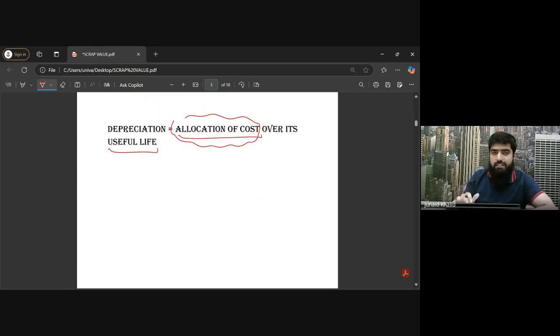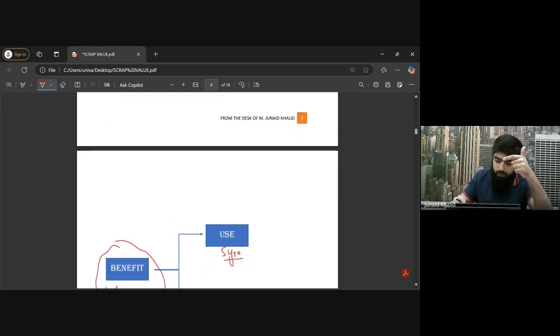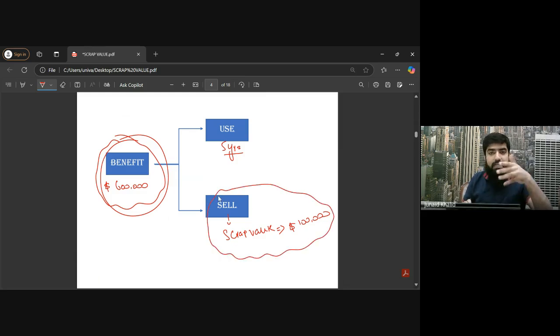Now the question arises: if we bought an asset for $600,000 and we know that we will get some benefit out of it by selling the asset. You can see that illustration: you purchased an asset for $600,000, and you know that after using it for 5 years, you will sell that asset for $100,000. That is known as the scrap value.